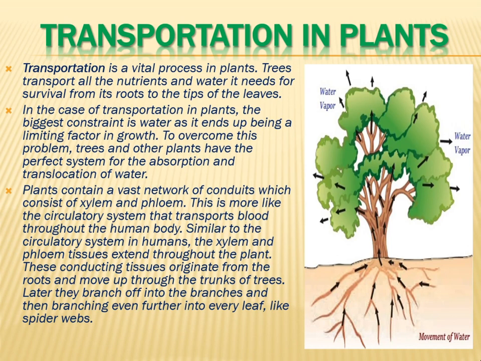Trees transport all the nutrients and water they need for survival from the roots to the tips of the leaves. The roots take up water and nutrients, basically water and minerals, and these move to the tips of the leaves because the leaves are the food factory.